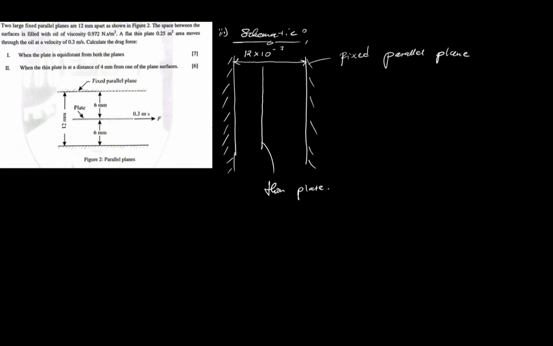So if one side, say this side, calling it section A, is 4 by 10 to the minus 3 meters, then what is 12 minus 4? Exactly, it's going to be 8. So we'll have 8 by 10 to the minus 3 meters on section B.